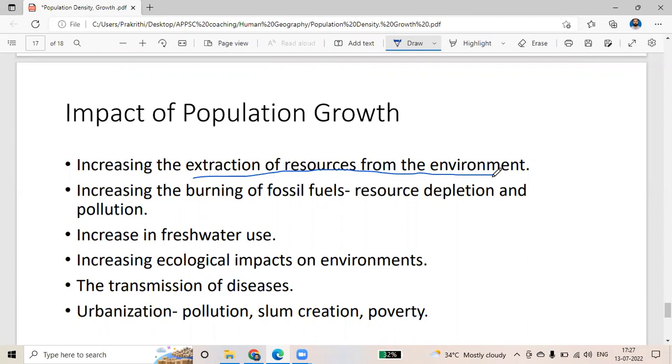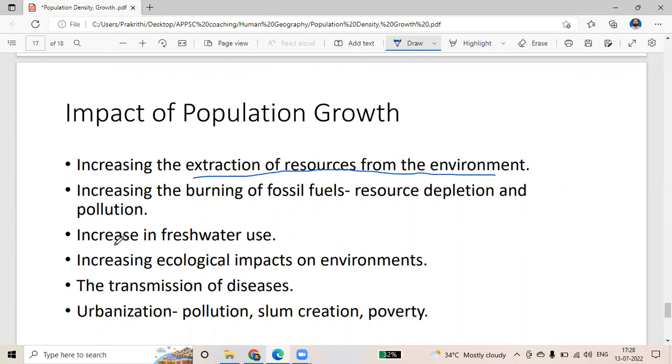So for energy resource we will use these fossil fuels. If we use fossil fuels, इसका मतलब क्या है? Resource depletion एक side में, because this is non-renewable resource है. Other than this, pollution, air pollution, sound pollution. So all these things come automatically.